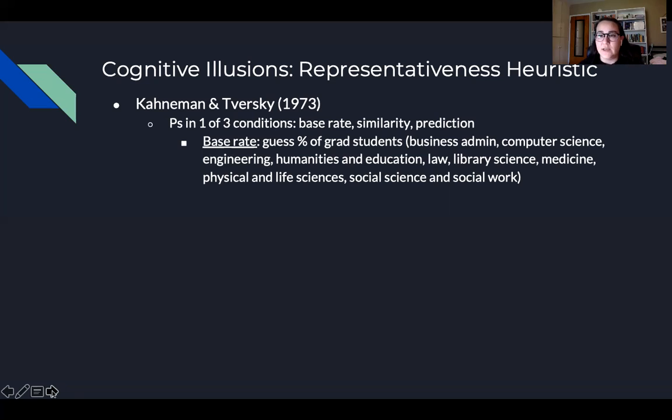You can see the different fields of grad school that were provided to participants here on the slide. For each one, they're just supposed to take their best guess about how many graduate students in total are in business admin, computer science, etc.